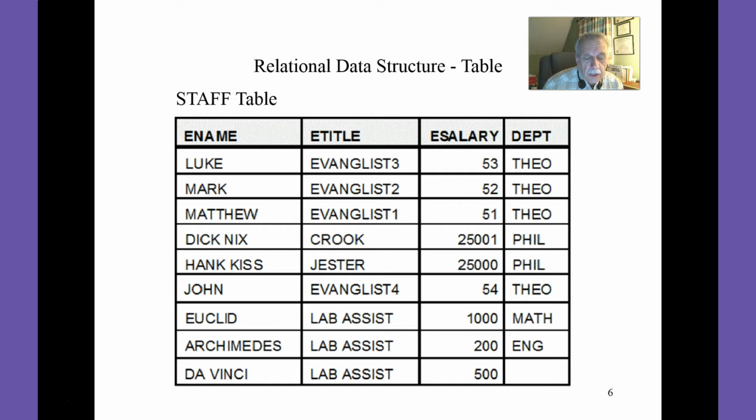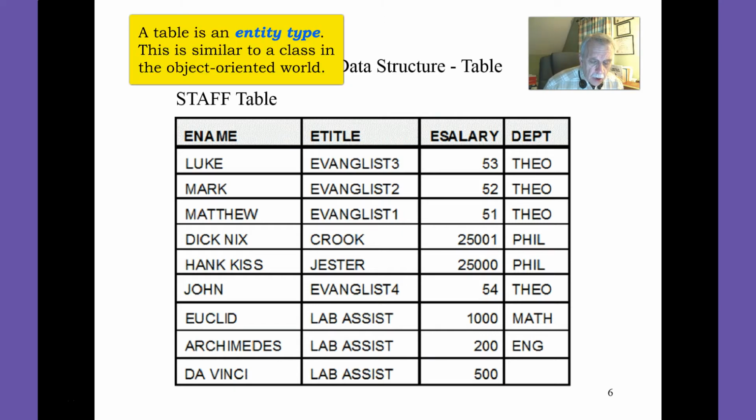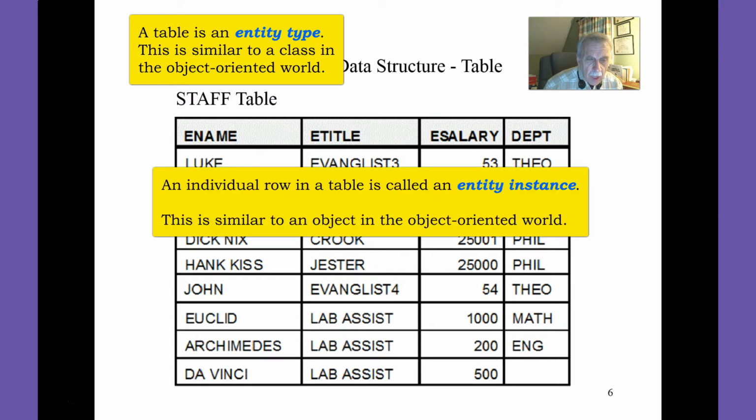When we design a database table or set of tables, we consider the kinds of things that will be stored in these tables. These tables are analogous to what are called entity types and are similar to the concept of a class in an object-oriented environment. The individual rows would be referred to as entity instances and would be similar to the idea of individual objects instantiated from a type using an object-oriented environment.